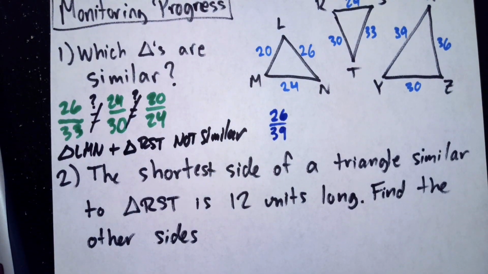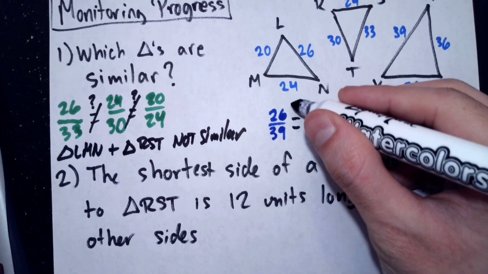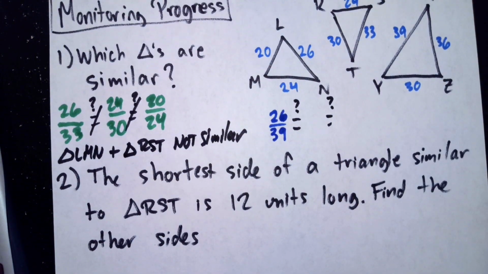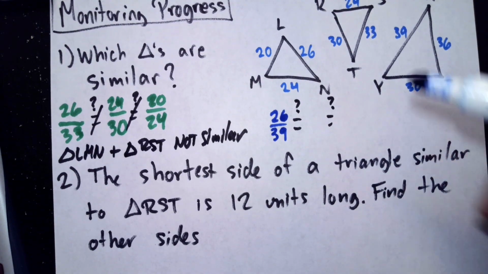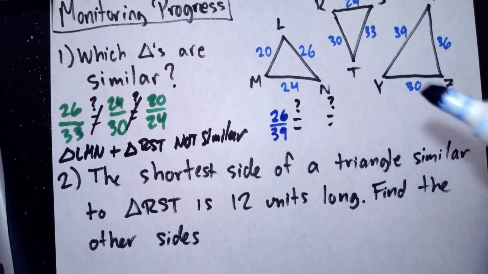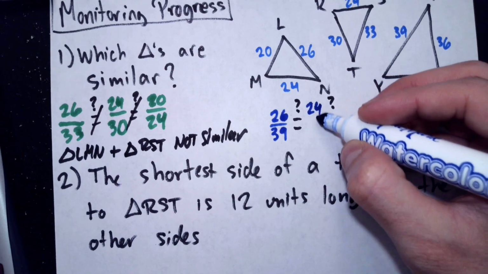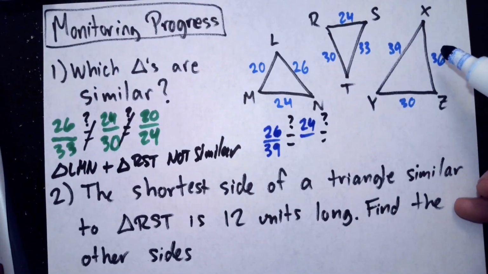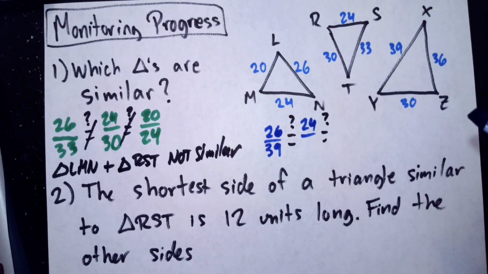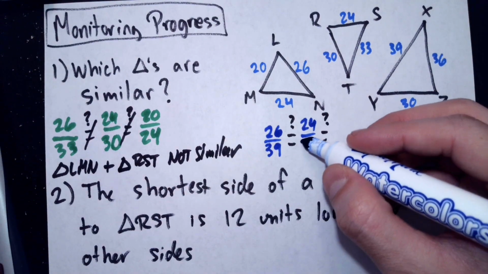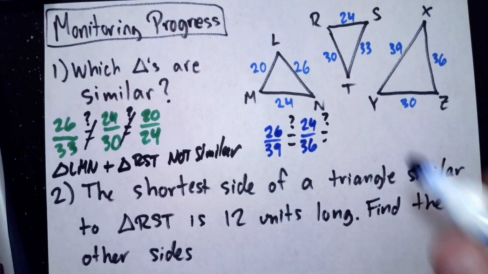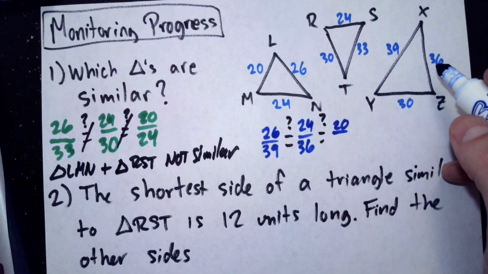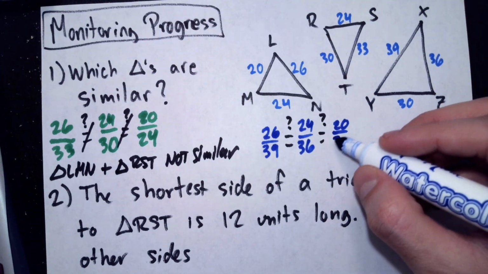Once again, we don't know if this is equal, so we'll do the question mark here. Then we pick the second biggest side, which is 24, and divide that by the second biggest side over here, which is 36. And then last but not least, we'll have 20 divided by 30.